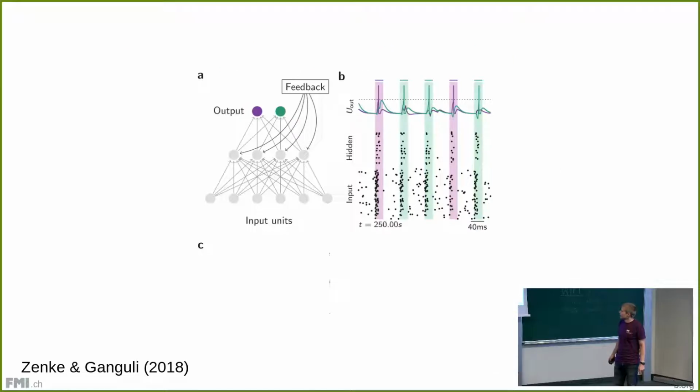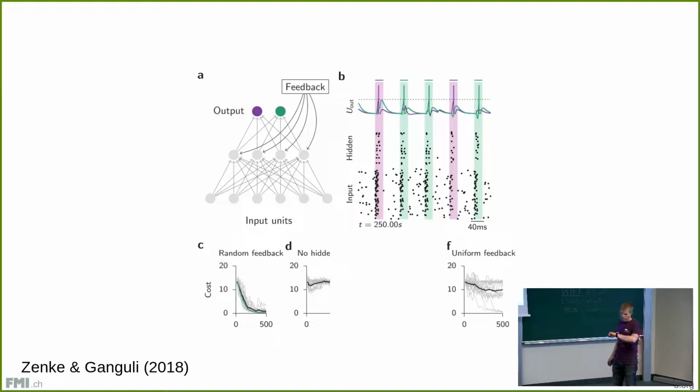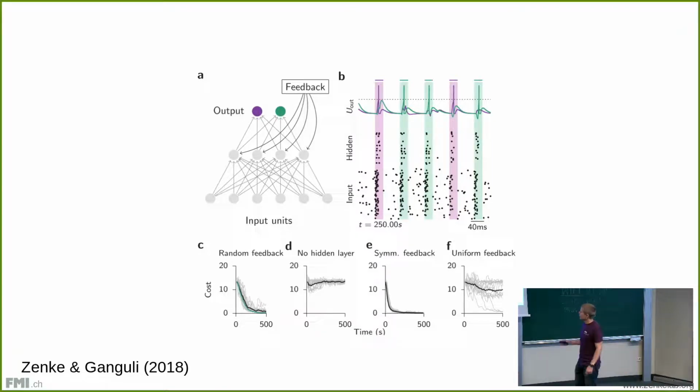Right. Okay, so this also works for classification. And yeah, I think I skipped this. The only thing that's important to remember is that this randomized feedback can actually learn the problem, whereas if you give all neurons the same feedback signal, like one broadcast neuromodulator, then this is not always good, because often even a simple problem like this cannot be solved.